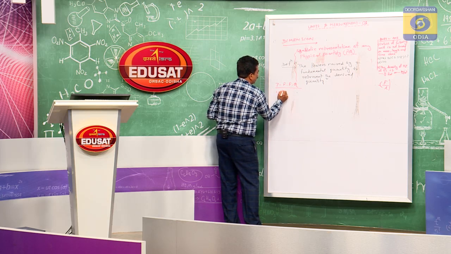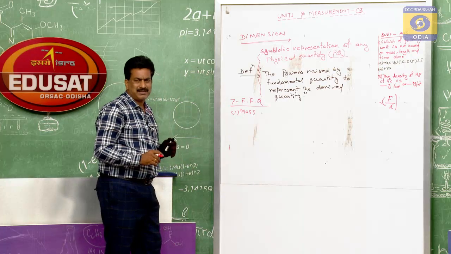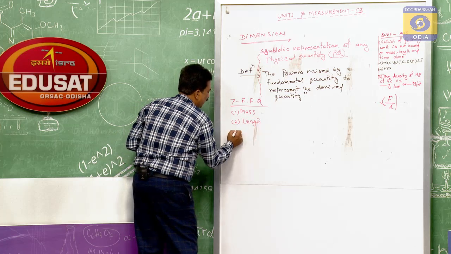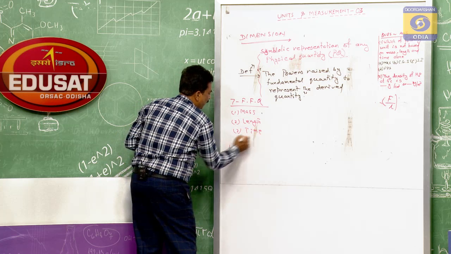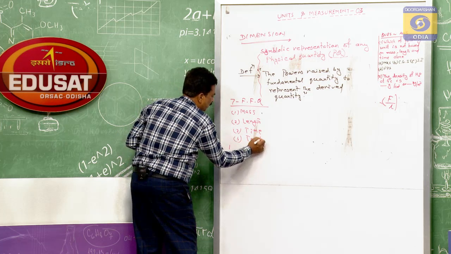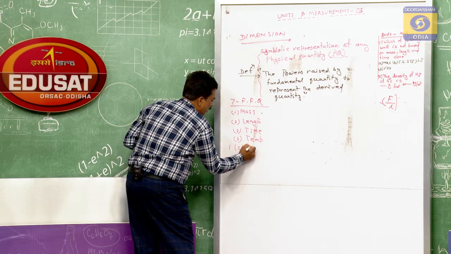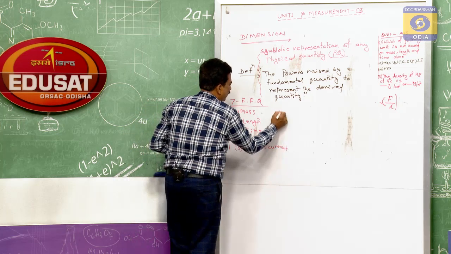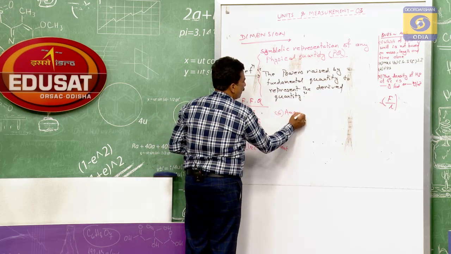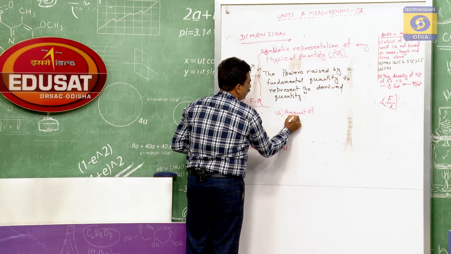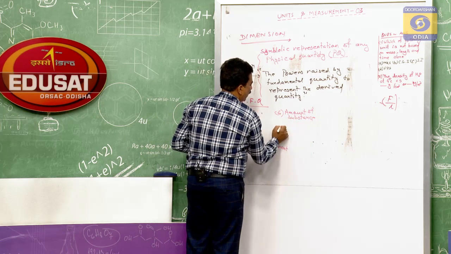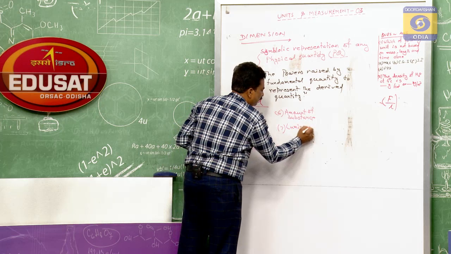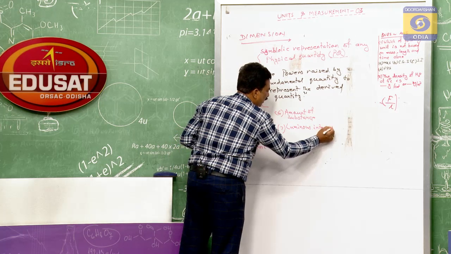If you practice and write yourself as I am writing: mass, the second one is length, the third one is time, the fourth one is temperature, the fifth one is electric current, the sixth one is amount of substance, and the seventh one is luminous intensity.